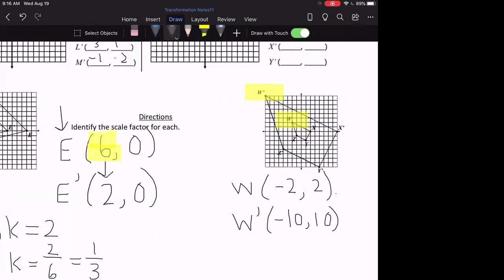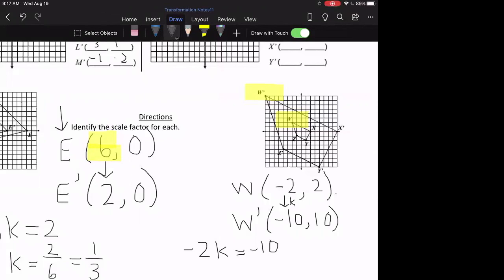We want to see what -2 times our scale factor, k, is going to equal -10. So we'll set up an equation: -2k equals -10.